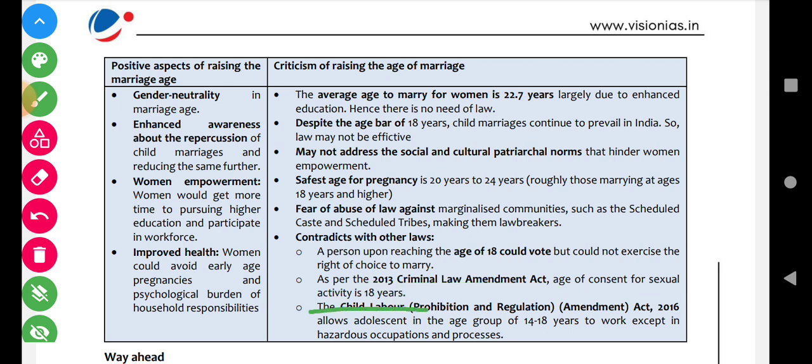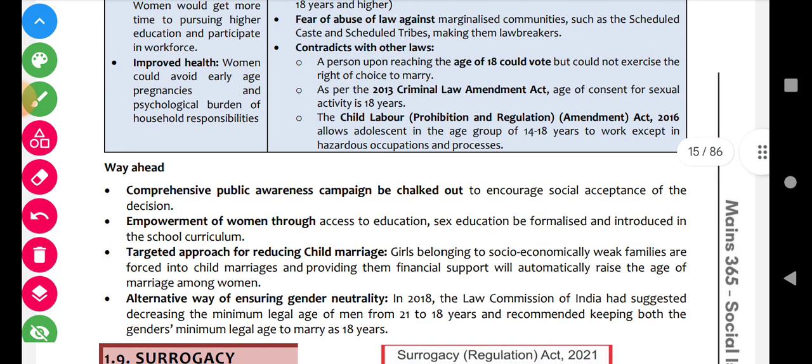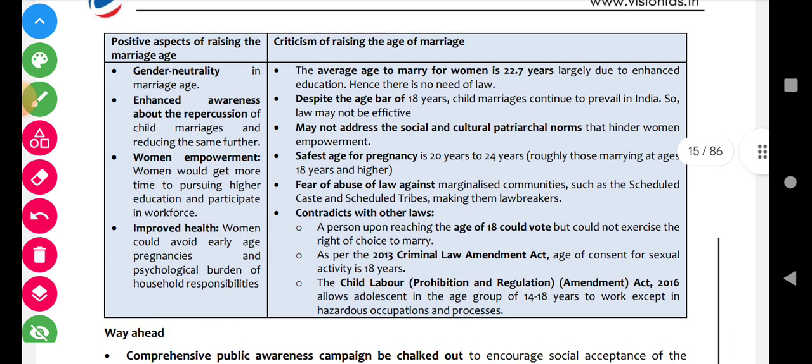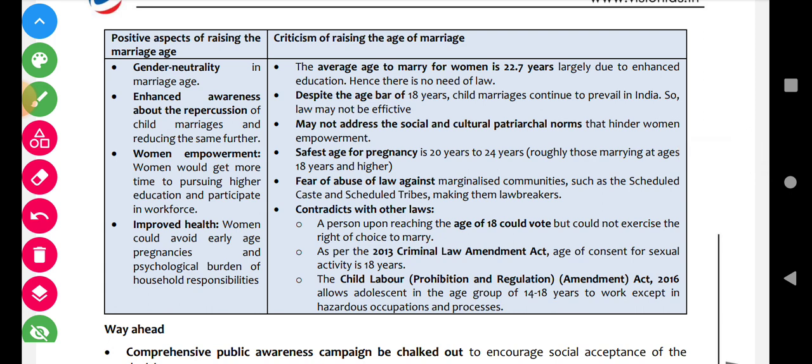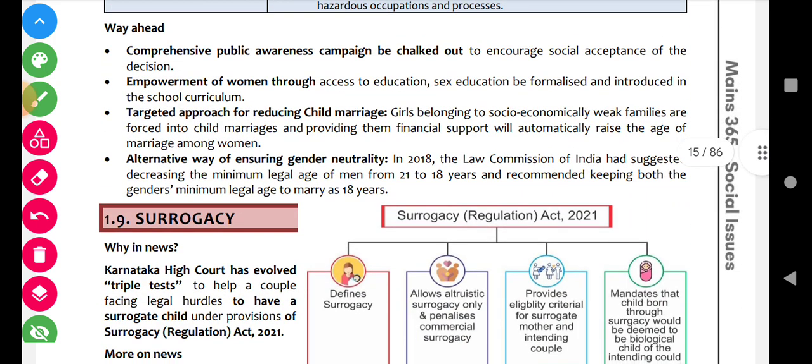The Child Labour Prohibition and Regulation Amendment Act 2016 allows adolescents in the age group of 14 to 18 years to work except in hazardous occupations and processes. So these are the concerns or criticisms regarding the raising of women's age for marriage. What is the way forward?